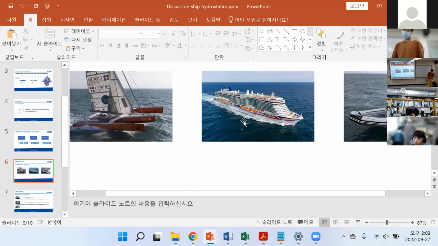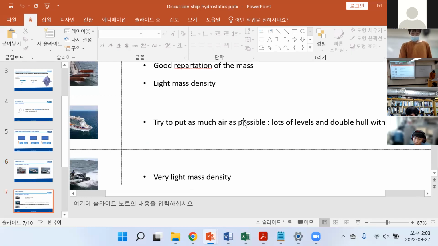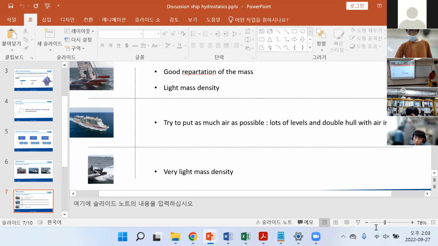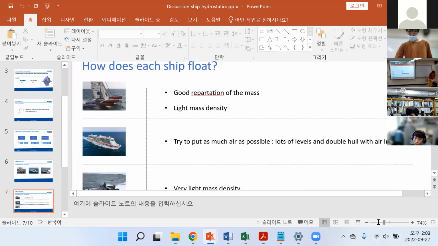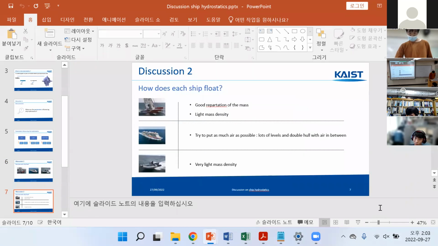So this is what we talked about regarding the buoyancy force.